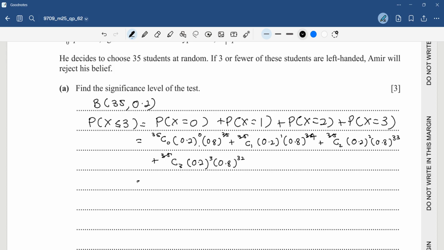So you press this in your calculator, you should get 0.0605. Okay.